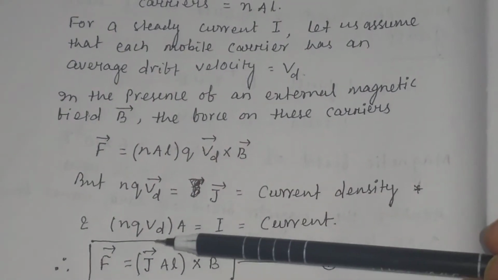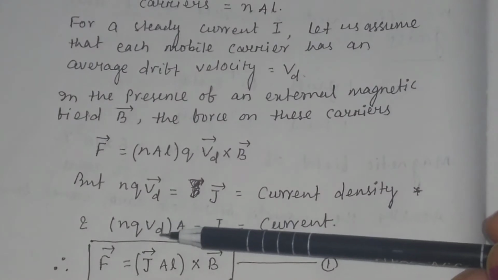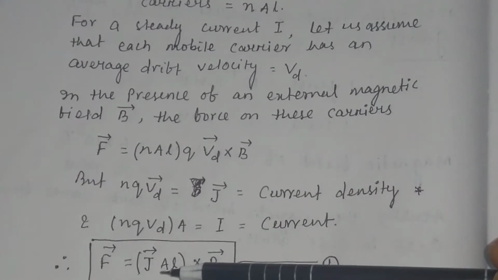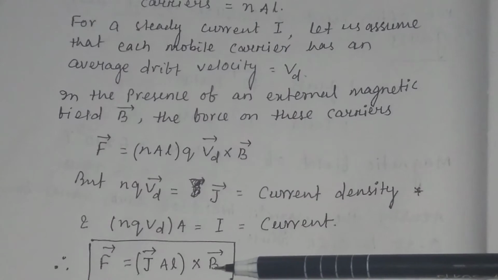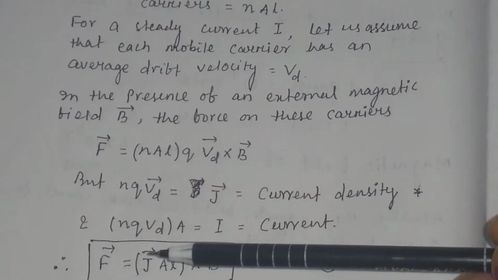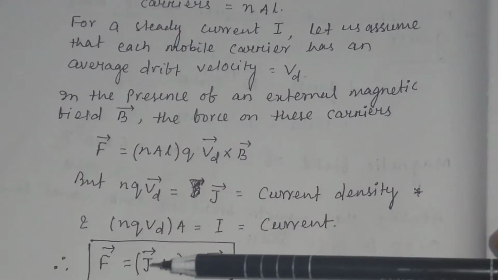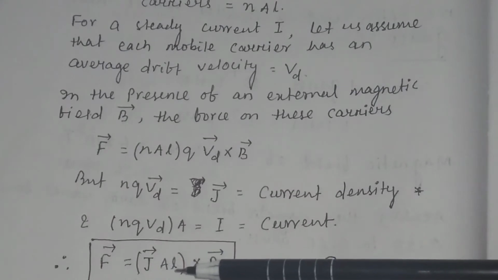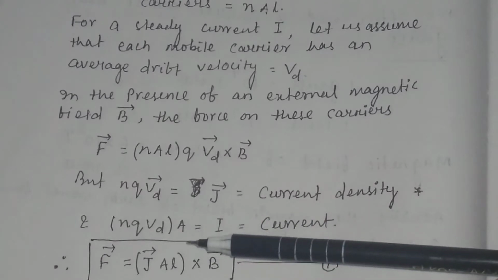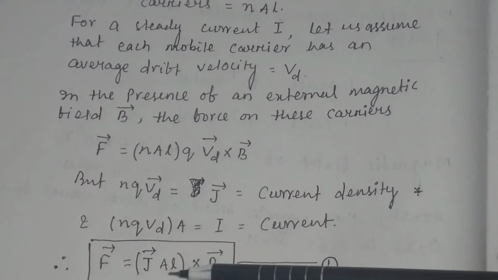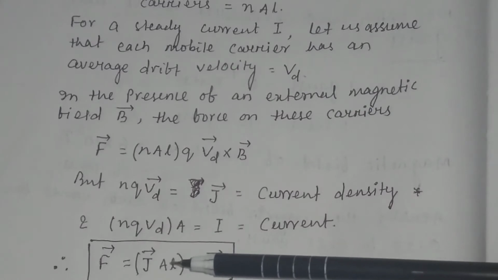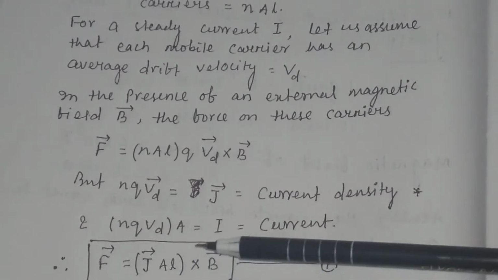So if you write the magnetic force on a current carrying conductor in terms of the current density J, then F equals J into AL cross B. But if you write the magnetic force in terms of current I, then F is equal to I into L cross B, because J into A is equal to I. Since current is not a vector, we write I into L vector cross B vector.